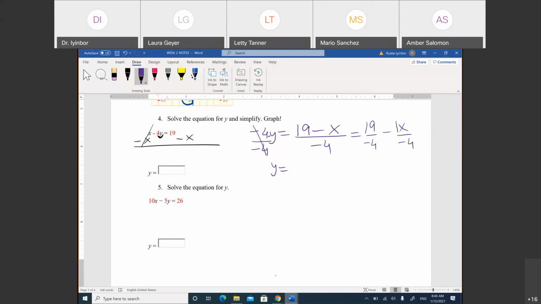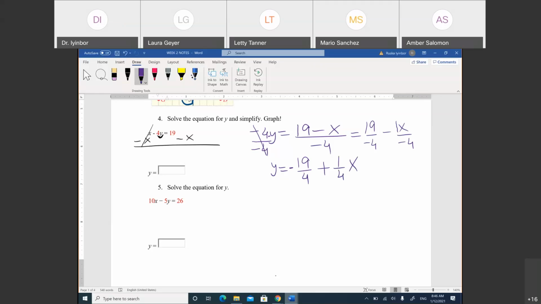And you can write 19 over negative 4 by moving the negative in front, so it's negative 19 over 4. And then negative 1 over negative 4 is going to be positive 1 over 4, and keep the x in the end. So this is the equation in slope-intercept form.